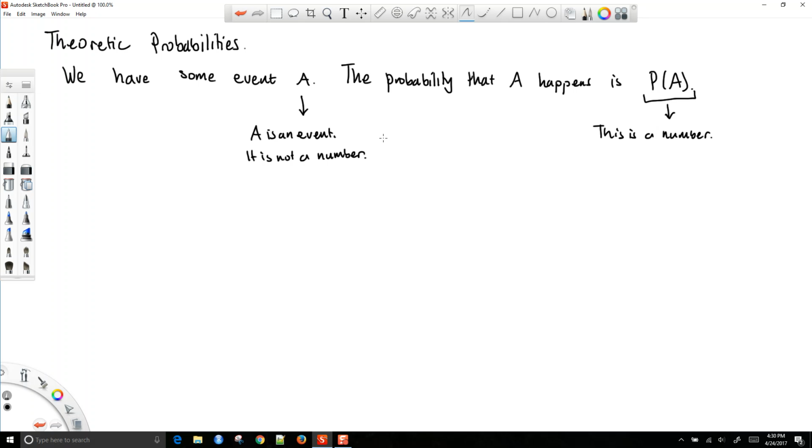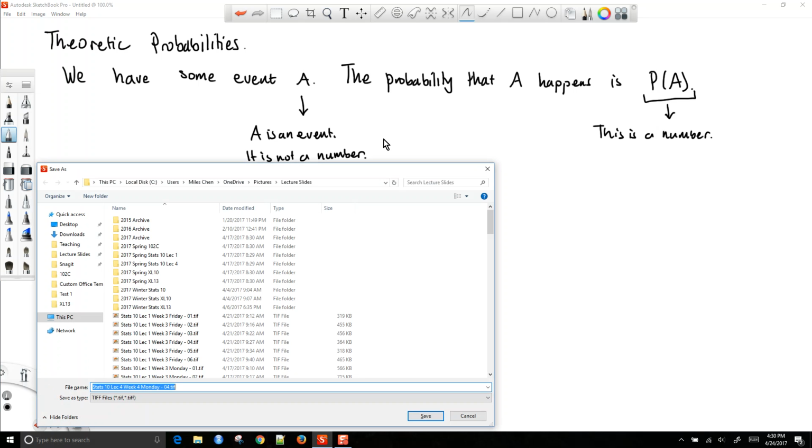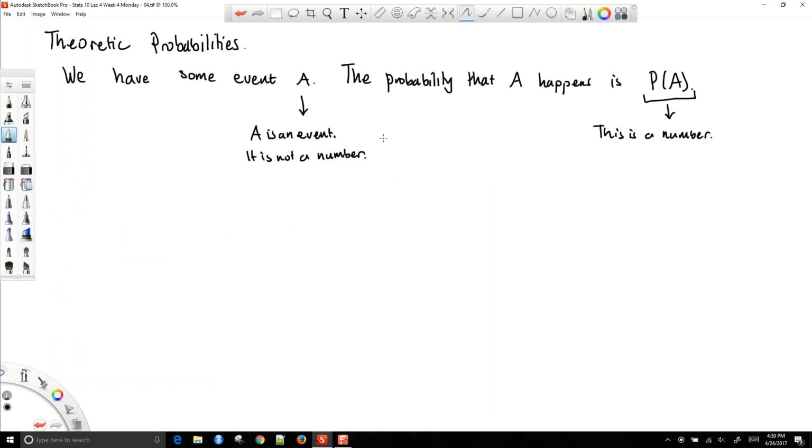Okay, so we can say the probability the coin lands heads is 0.5, but it is not correct to say heads is equal to 0.5. Okay, it's the probability the coin lands heads that is equal to 0.5. The probability for any event, probability of A, is always between 0 and 1.